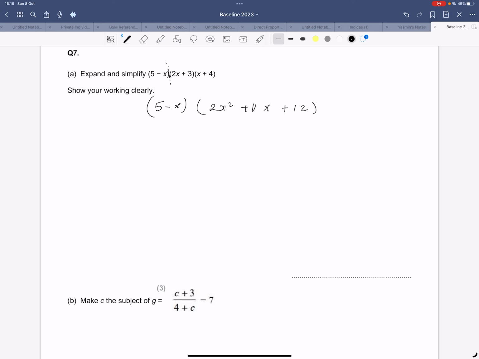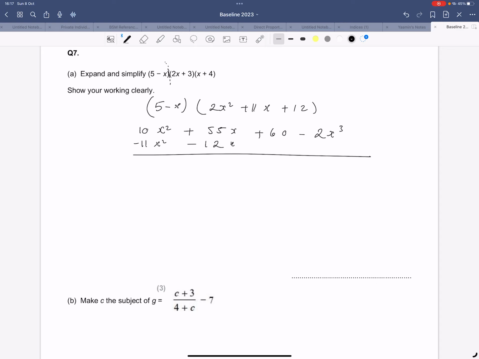Okay, expanding the last one, it's going to be 10x squared plus 55x plus 60 minus 2x cubed minus 11x squared and then minus 12x.